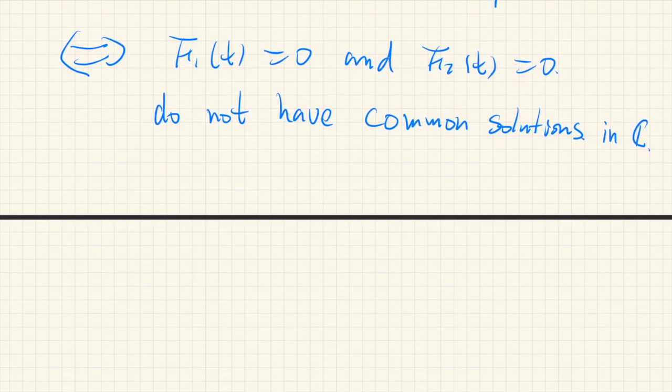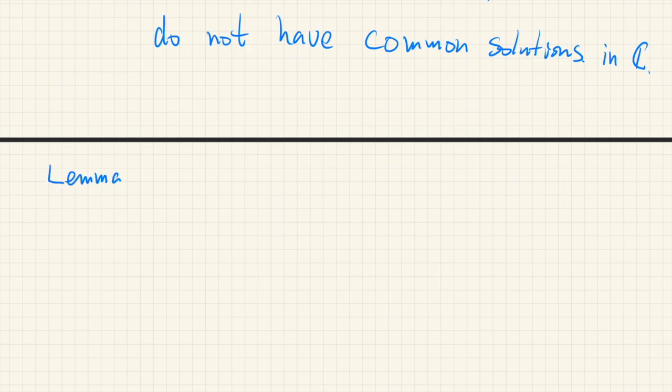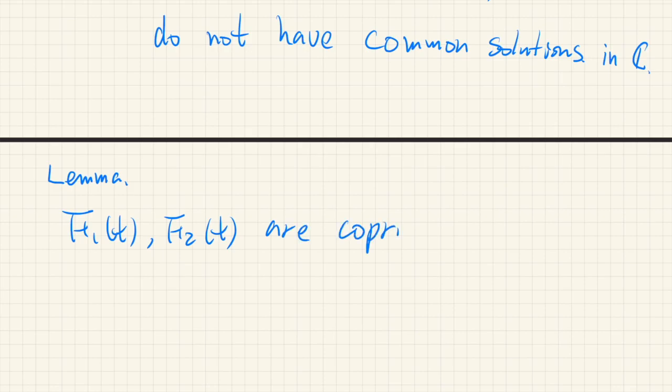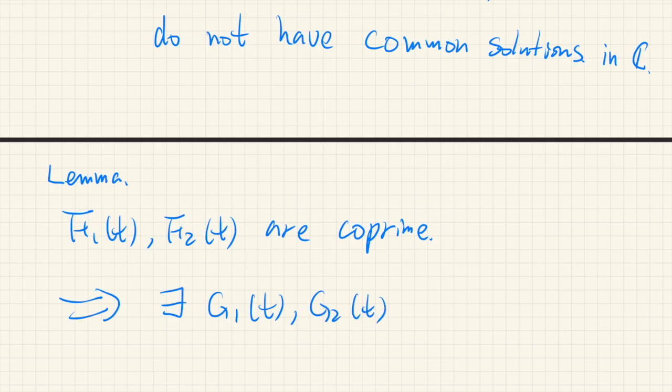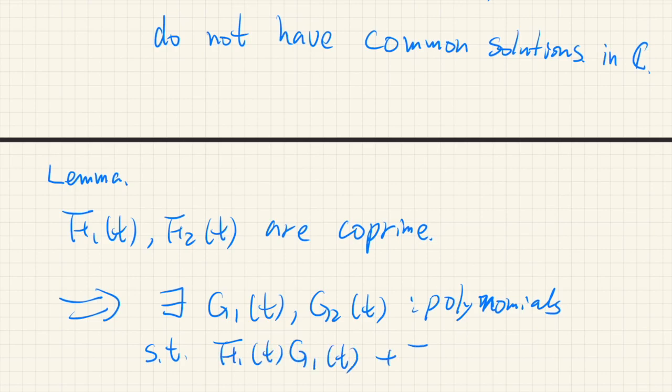Now let us introduce a little lemma. If we have two polynomials that are coprime, then there exist some polynomials, let's say g1 of t and g2 of t, such that f1 of t times g1 of t plus f2 of t times g2 of t equals, not 0, it's 1.